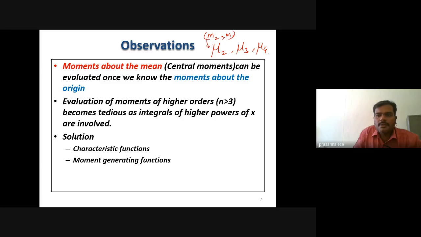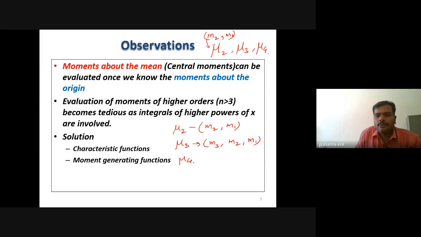We already saw this formula. If you want to know mu2, it is enough to know m2 and m1. If you want to evaluate mu3, you should know m3, m2 and m1.